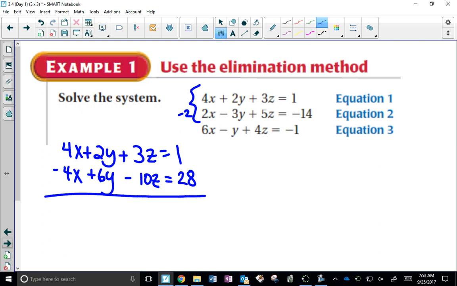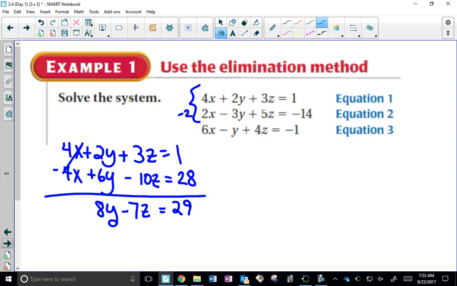So nothing new there, that's just like a 2 by 2, because that's exactly what I've done. So these cancel. I'm left with 8y minus 7z equal 29. And please catch me as I make a mistake, because if you have to go back, it's like, ah.